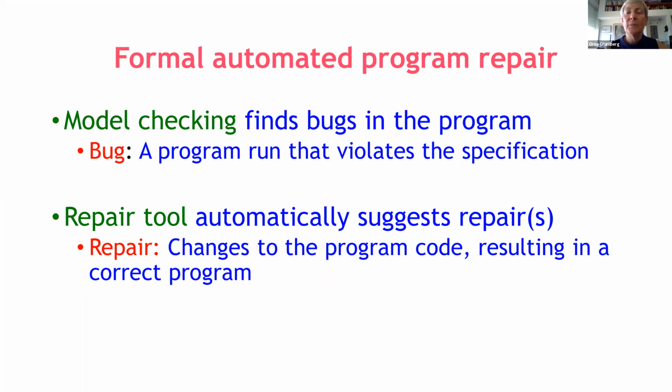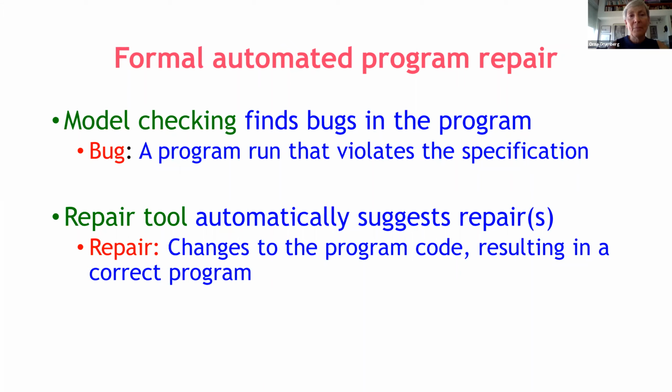Formal automated program repair first applies model checking or a similar verification technique to find a bug in the program, where a bug is a program run that violates the specification. Then a repair tool automatically suggests a repair, where a repair changes the program code in a way that results in a correct program.